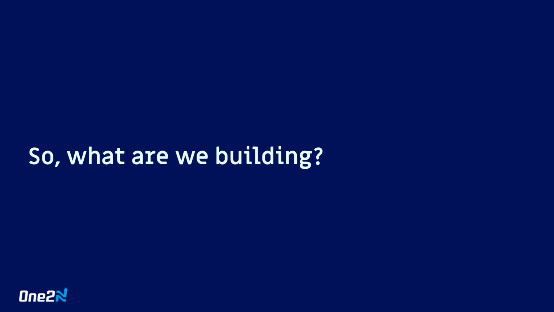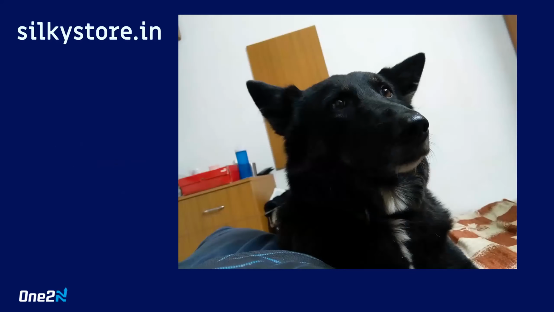Again, you might have a question: this sounds more generic, so is there anything specific that we want to build? You can plug it into any of the standard backend applications. So for example, this is Akshay's dog. Her name is Silky.